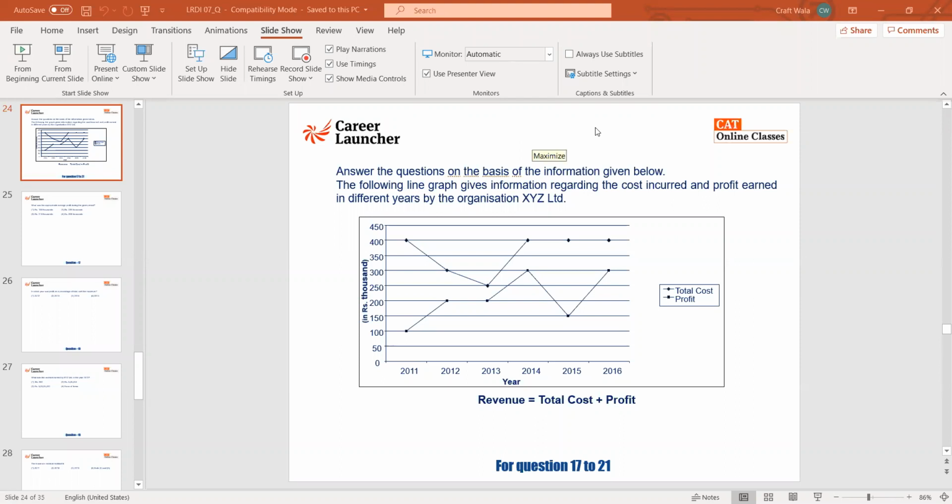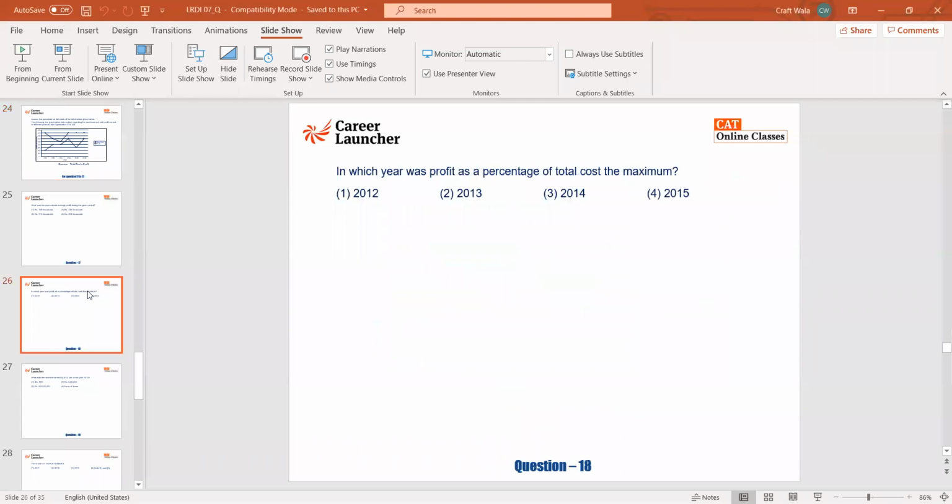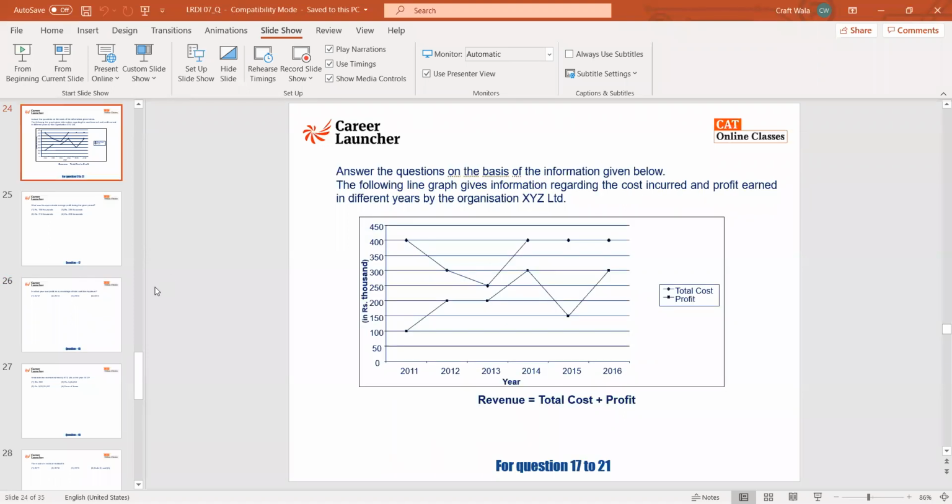Not 2014. It has to be 2013 because here profit is high and cost is also at its lowest. The denominator is too low. If I calculate, this will come as 4 out of 5, 80%, whereas 2014 will come as 3 by 4, that is 75%. So our answer for this one becomes 2013.